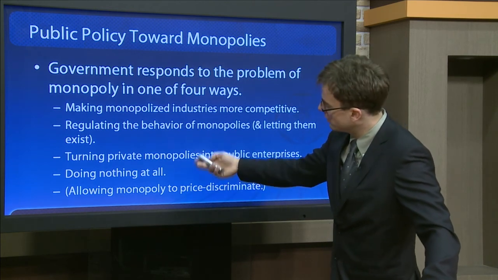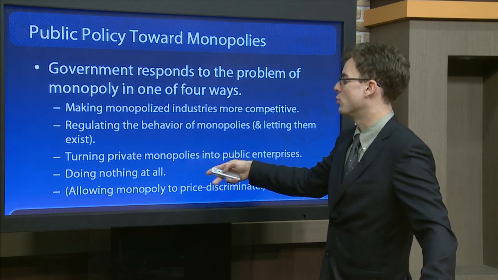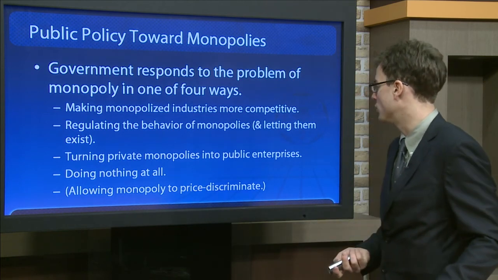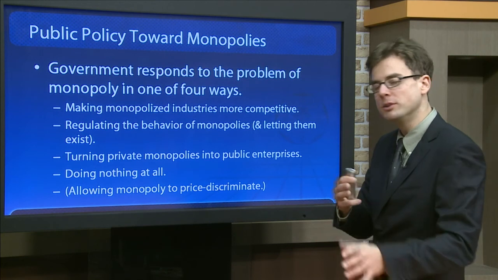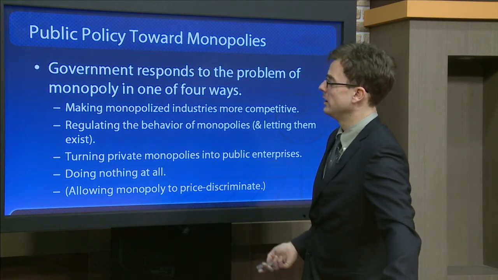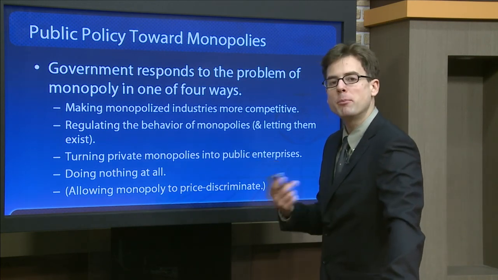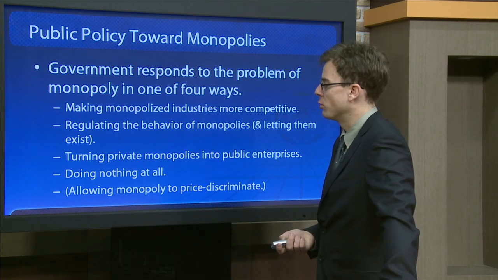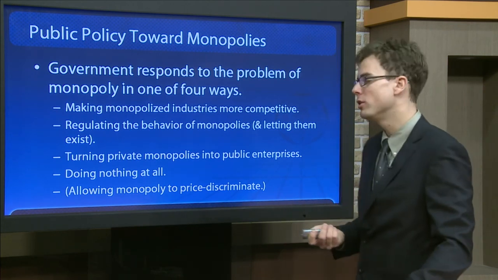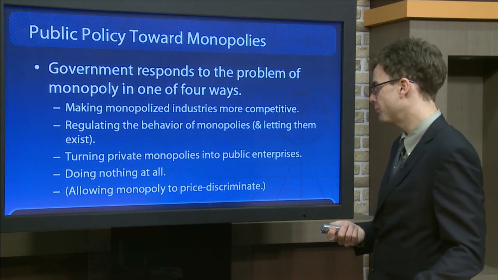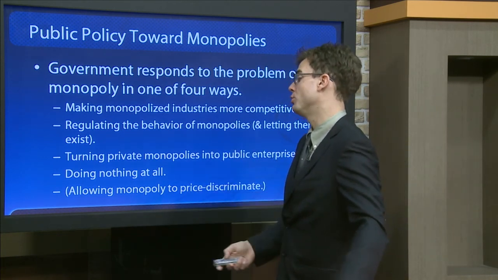Finally, some other possibilities are to turn private monopolies into public enterprises. There are some issues with this solution as well. The chapter in the textbook describes some issues with publicly owned companies. Another possibility is to do nothing at all.